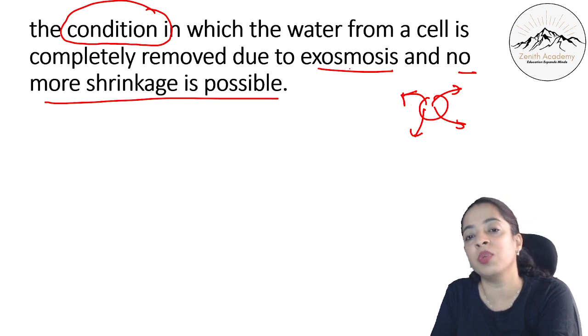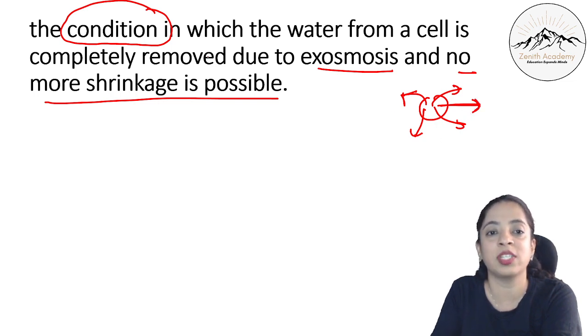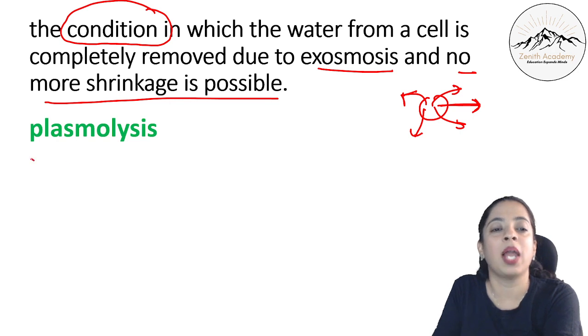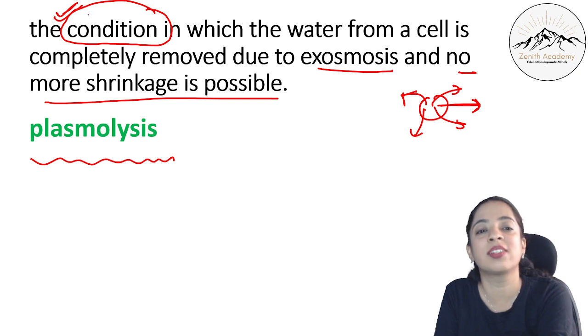So all the water has been removed due to exosmosis. Exosmosis is when water moves out through a semi-permeable membrane. So what is that condition known as? Plasmolysis. You have to read. If they would have asked what are those cells known as, we would have written plasmolysed cells.